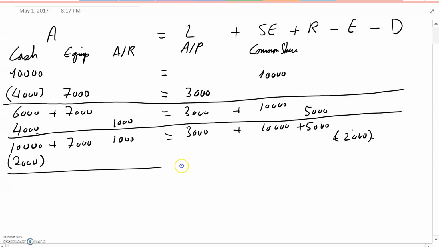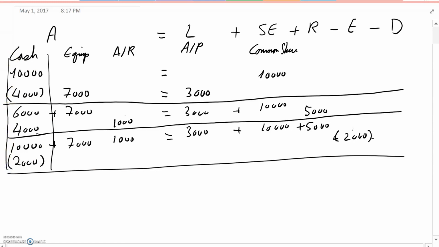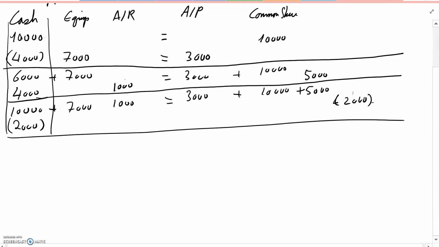So the problem we're facing is that on the cash part, in this column we have addition, subtraction, addition, then subtraction, and getting the balance each time, and we're going to get it wrong for sure. These are very neat numbers, but in real life these numbers aren't that neat.